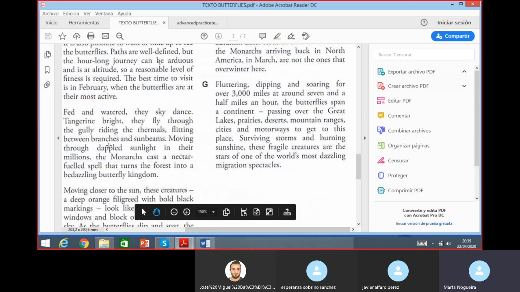And fluttering, dipping, and soaring for over 300 miles at around 7.5 miles an hour. Fluttering era mover las alas, aletear. Dipping es bajar, ¿vale? Puedo utilizar dip con, por ejemplo, los precios. Y soar es subir como la espuma, ¿vale?